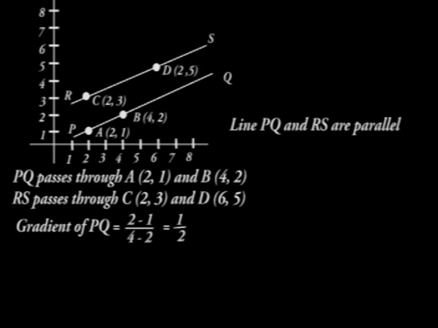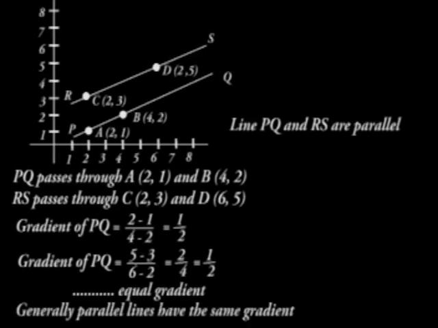Gradient of PQ is equal to 2 minus 1 over 4 minus 2, which is 1 over 2. Gradient of RS is equal to 5 minus 3 over 6 minus 2, which is equal to 2 over 4, which is equal to a half. The two lines have equal gradient. Generally, parallel lines have the same gradient.